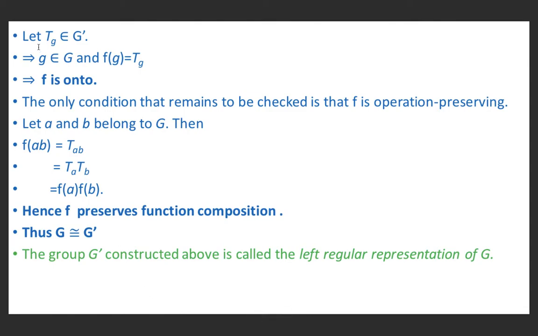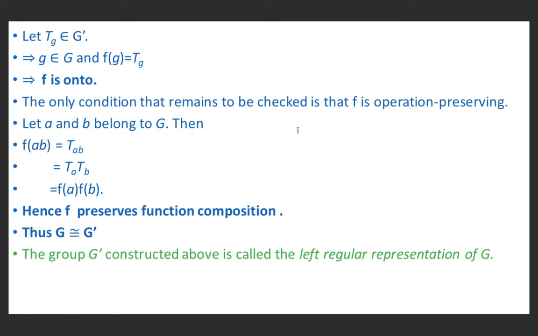Now next, if T_g belongs to G', then g belongs to G by definition of T_g, and it means f(g) is equal to T_g. So we have found the element g in G such that f(g) equals T_g. This implies f is onto.